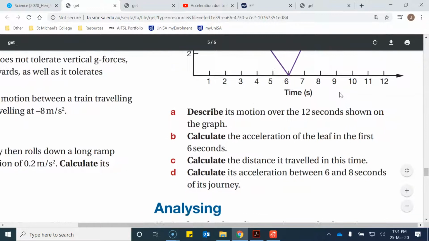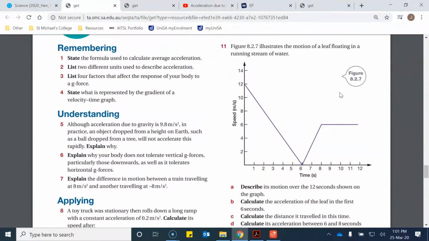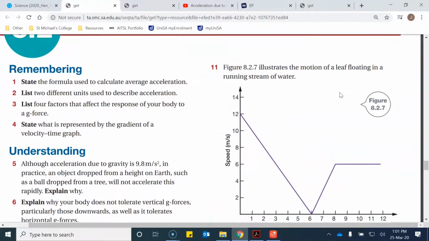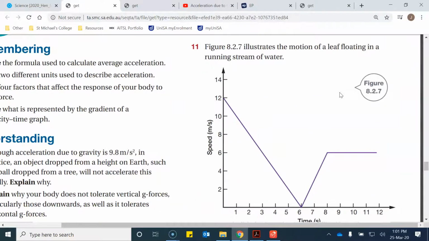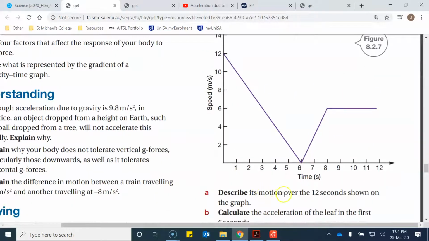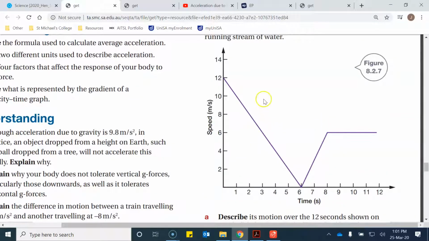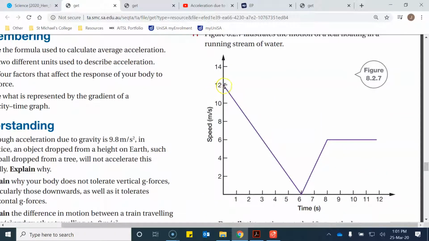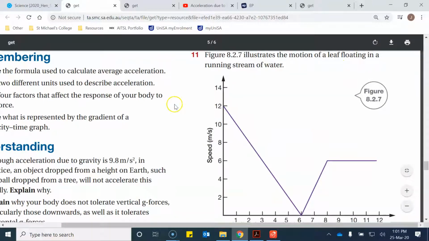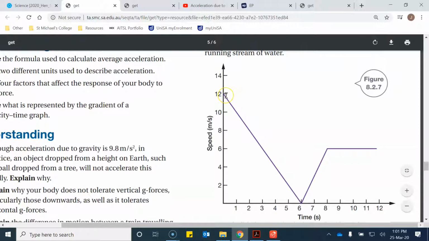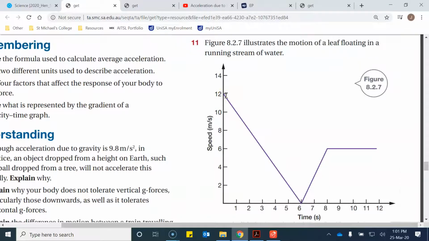I think we have one more. This motion graph. So describe the motion over the 12 seconds shown on the graph. You would say the leaf begins moving at 12 meters per second.